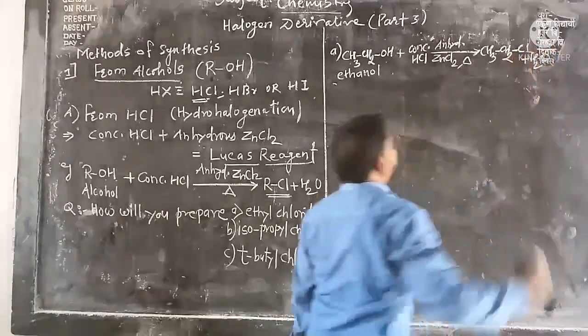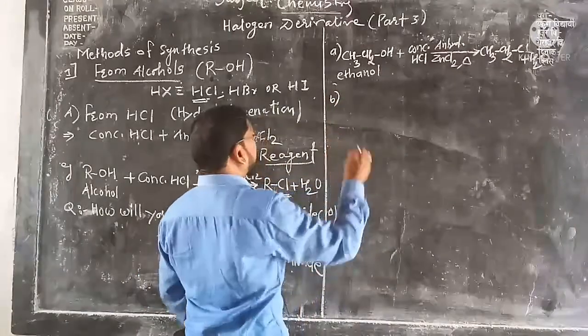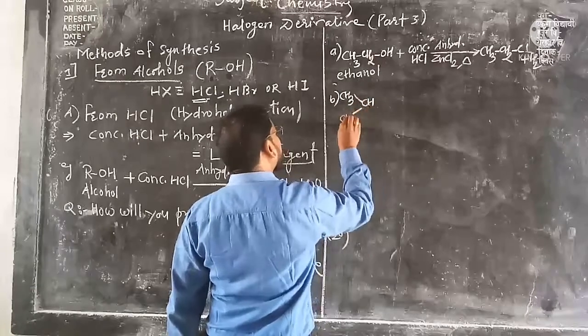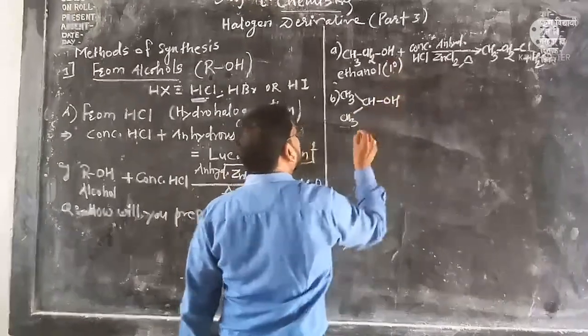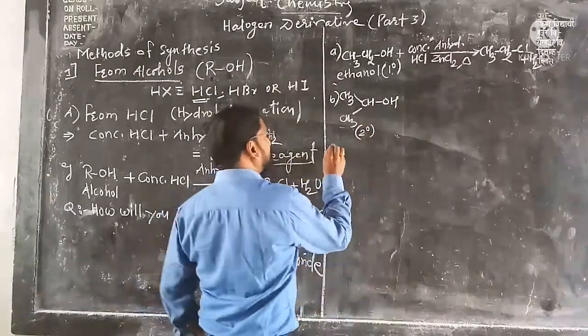Now number B, isopropyl chloride. So take isopropyl alcohol. Everybody knows this one is a primary alcohol and this is your secondary alcohol. What is the name? Isopropyl alcohol.